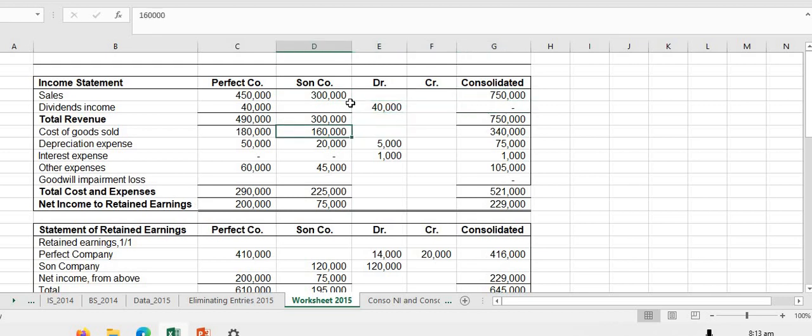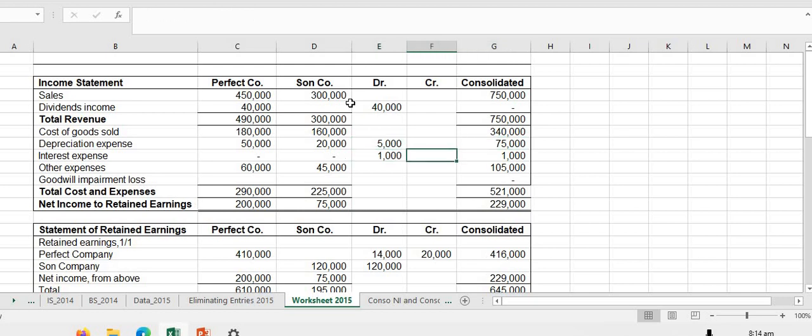Then, our cost of goods sold, there's no adjustment here, right? Because the undervaluation of inventory was already recognized last year. So, our depreciation expense is actually 5,000. It's actually the sum of the parent and the building and the equipment.